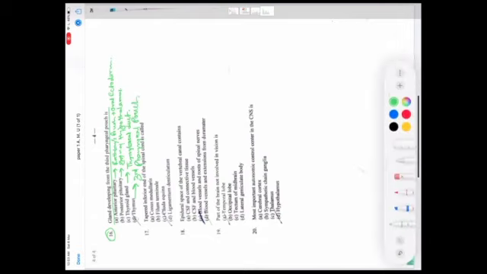Thyroid develops from the thyroglossal duct, which originates at the foramen cecum, descends down and ultimately settles here in between. Thymus develops from the third pharyngeal pouch. So the answer will be thymus.